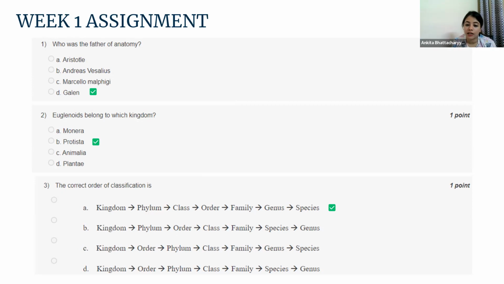If you need, you can make a mnemonic which is useful for you. Most people, if they are in a hurry and trying to answer this question too fast, might get confused between option A and B. They differ in just one order, where class and order have been flipped.